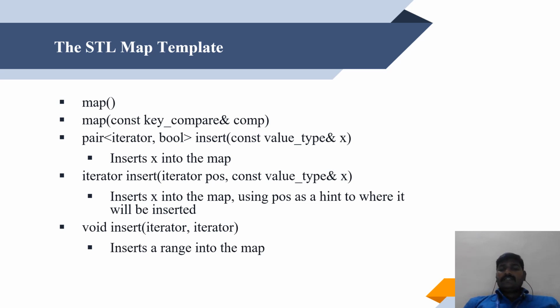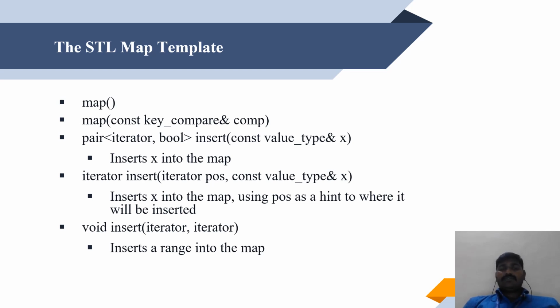If you want to insert a value inside the map, we are supposed to use this type of template. And then iterator insert of iterator position and constant value type ampersand x. The different thing here is we are just mentioning position.